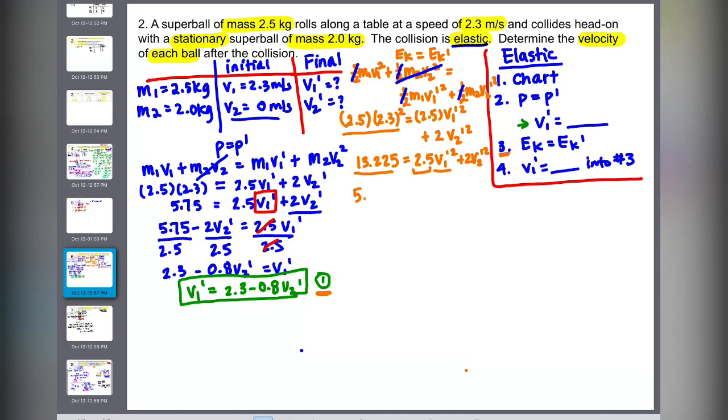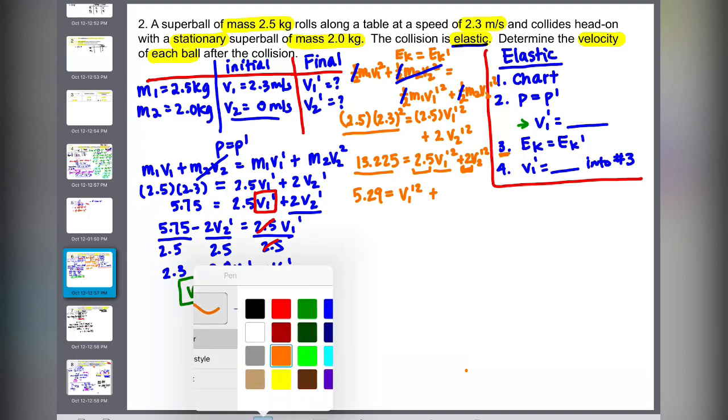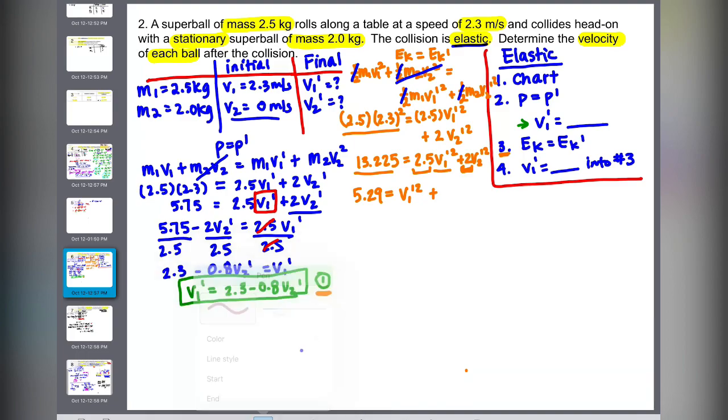Okay, it's 5.29 equals to, I've gotten rid of this 2.5, so I have v1 prime square. But if I've done that, I also have to divide this last term by the 2.5. So that means I'm going to take my 2 and divide it by 2.5. I'm just going to make a little note on the side so you know how I did that.